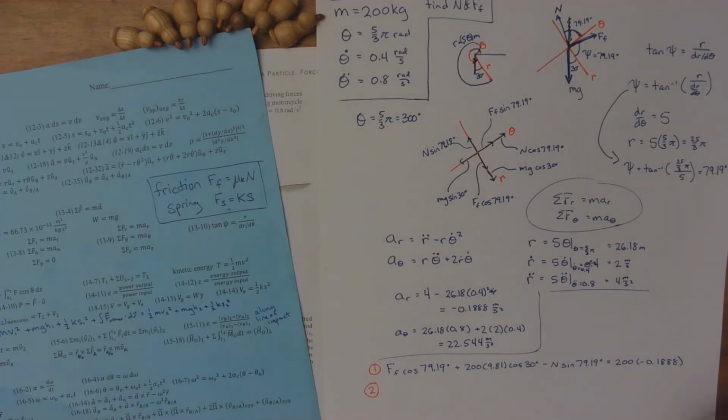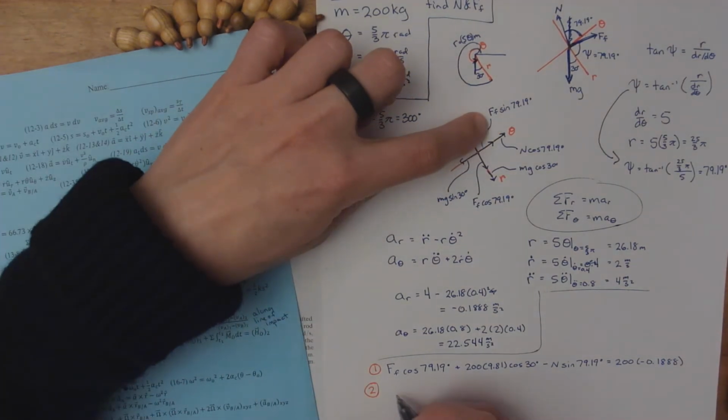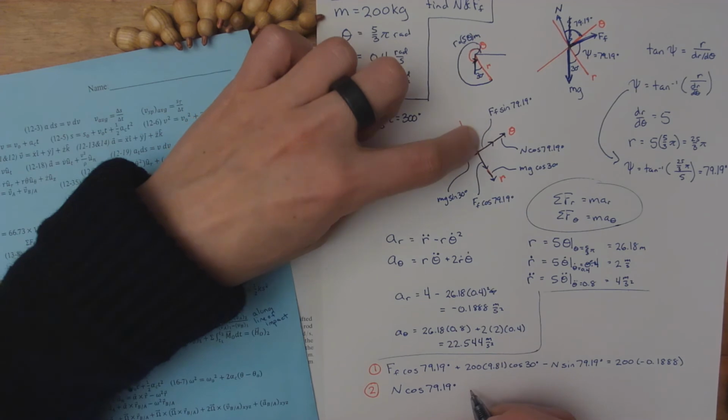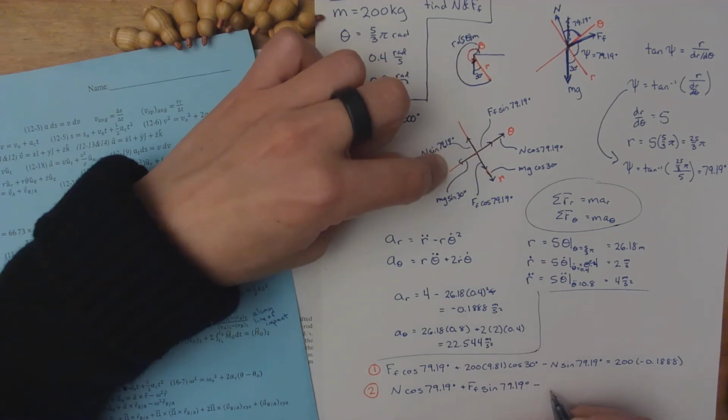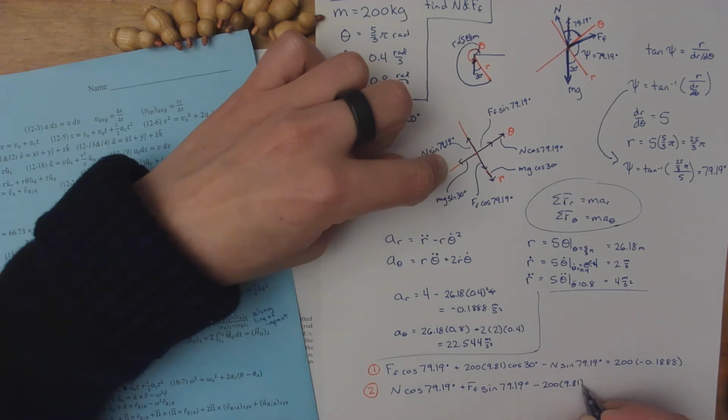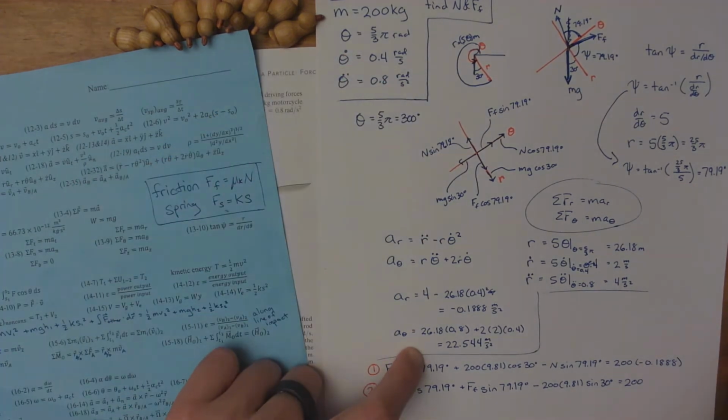Now I'm going to look in the transverse direction. So I have n times cosine of 79.19 degrees plus the force of friction times sine of 79.19 degrees minus mg, that's 200 times 9.81 times sine of 30 degrees, is equal to the mass times the transverse component of the acceleration.